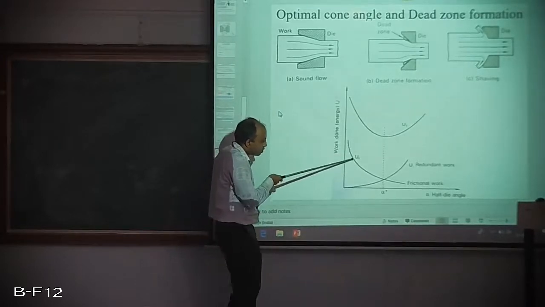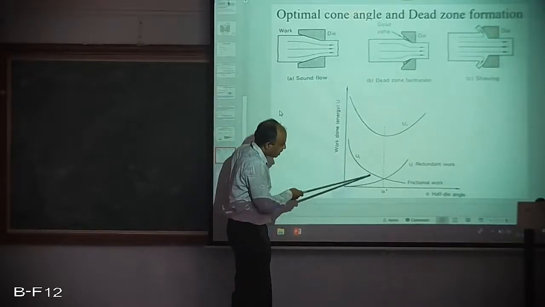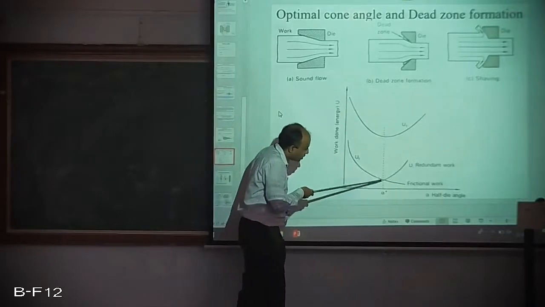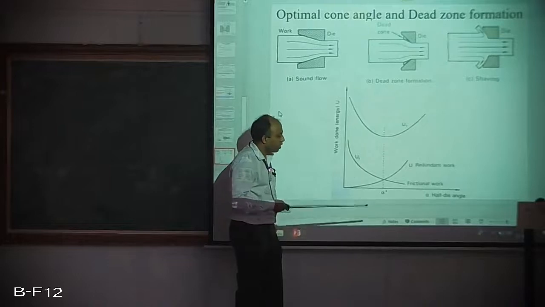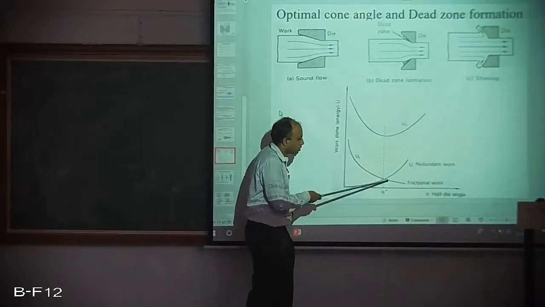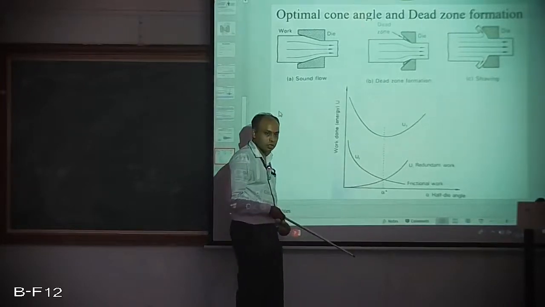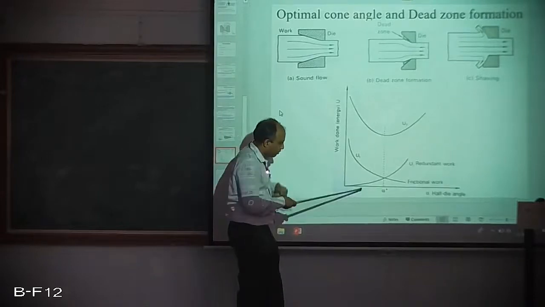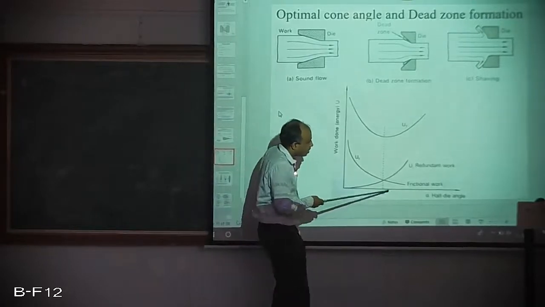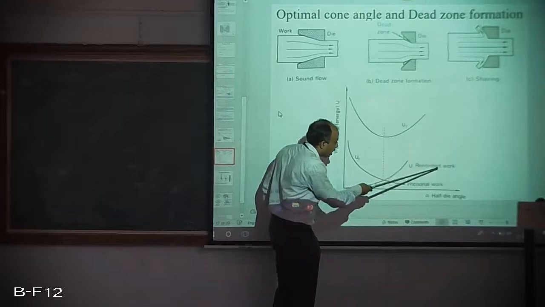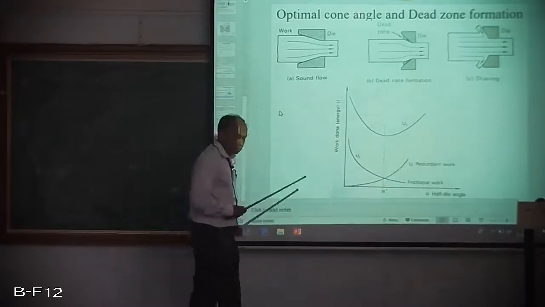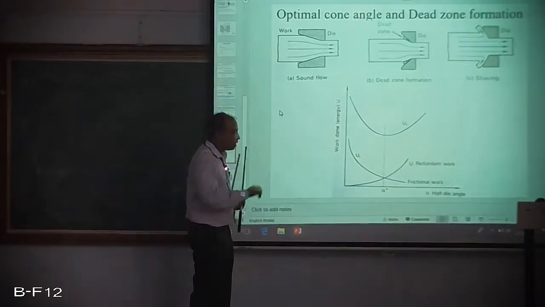If I increase the die angle, the work required to overcome the friction will be less. On the contrary, if I increase the die angle, the redundant work that is happening in the drawing material will increase.